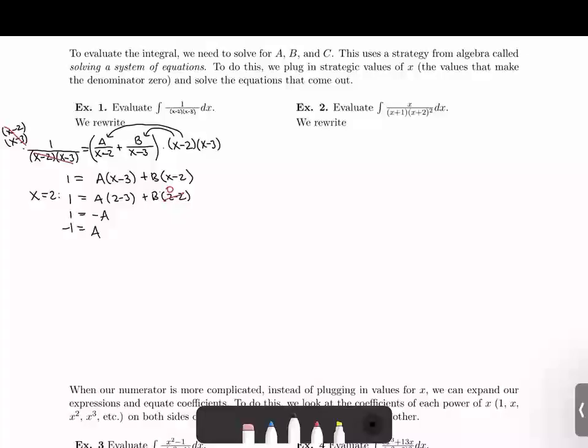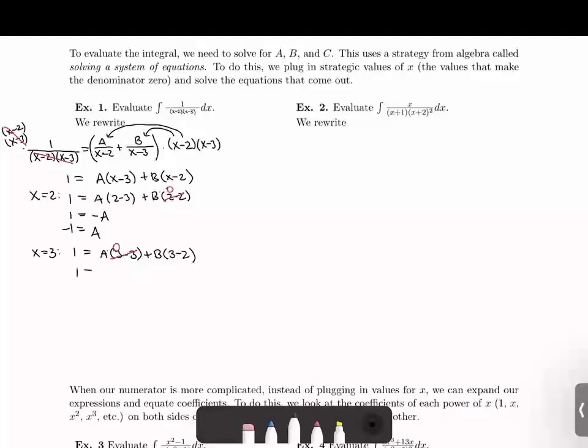And now we can plug in x equals 3, because that will make the A term cancel out and let us solve for B. So when we plug in x equals 3, we get the equation 1 equals A times 3 minus 3 plus B times 3 minus 2. And again, this 3 minus 3 becomes 0, and anything times 0 is 0.